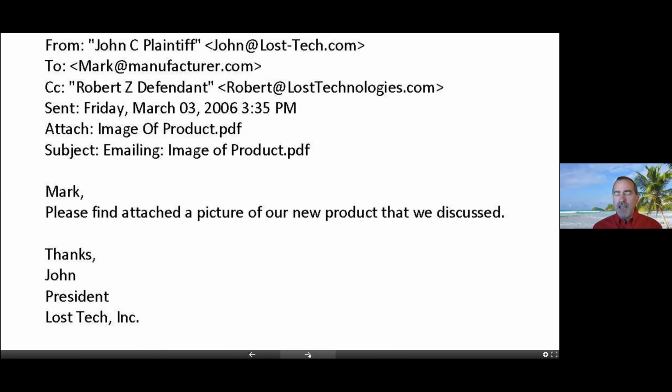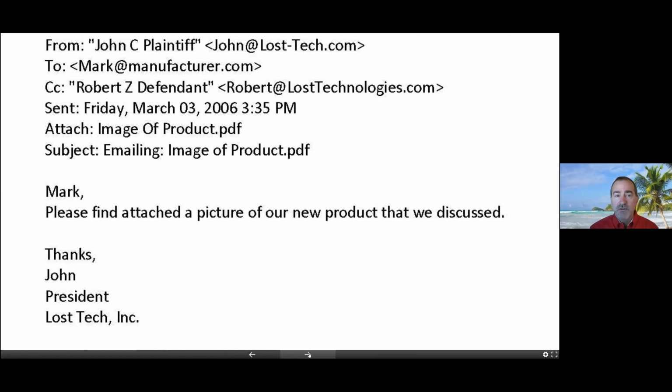In this particular case, we had some metadata that came out of the PDF, but it had been kind of manipulated. The other piece that we had were these allegations that this data had been emailed around for a while. So back on March 3rd in 2006, John at Lost Tech sent an email to his manufacturer saying, here's a picture of the product that we discussed.